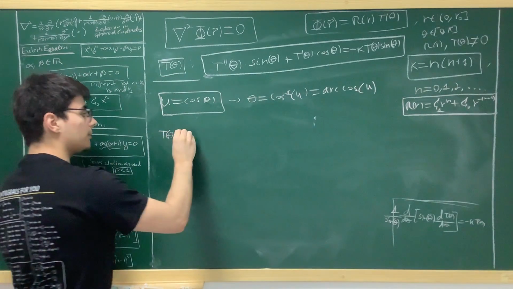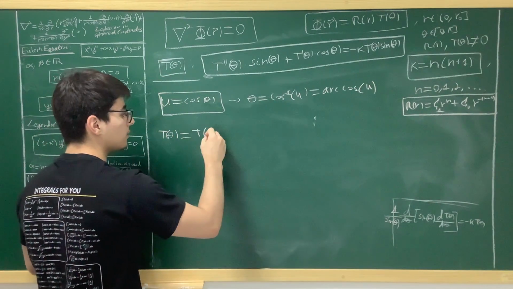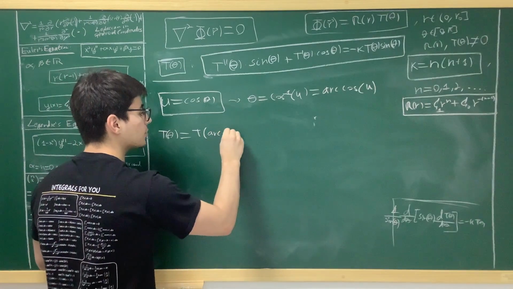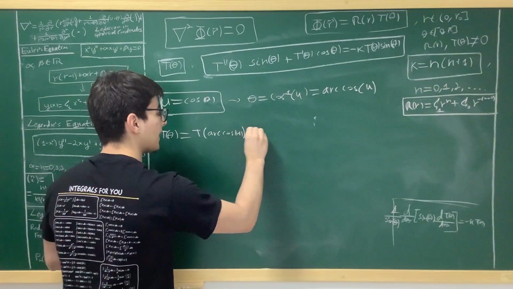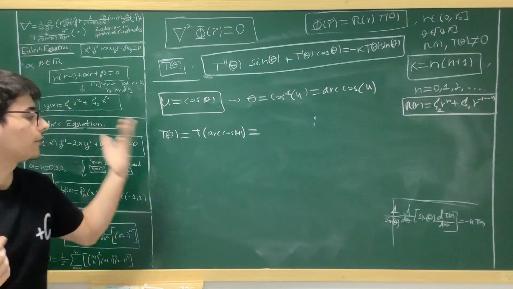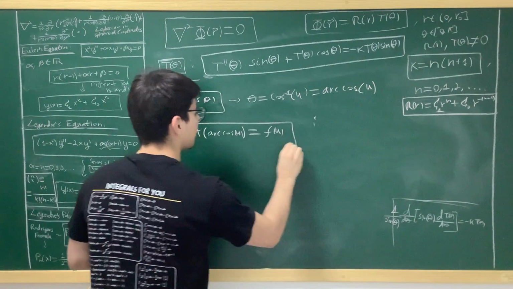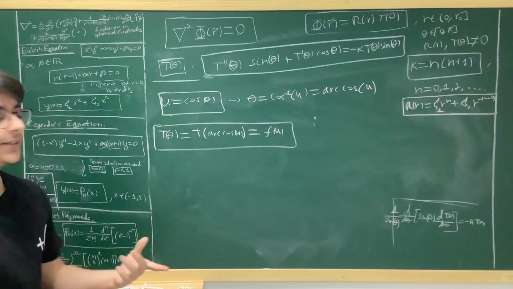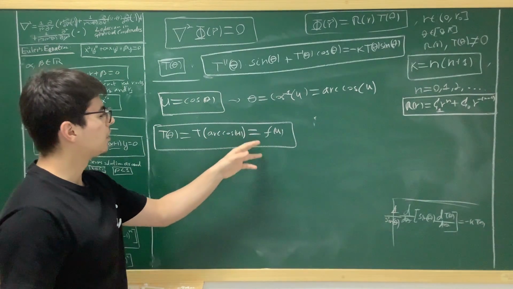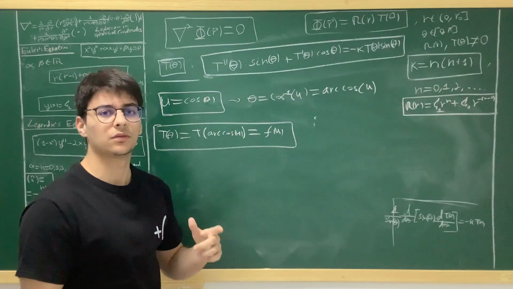So T of theta can actually be written as T of arc cosine of u. But this is a function of u. I'm going to just say that this is f of u. Just notice this: we have a function of theta, and by making this change of variables, we actually get another function of u. Okay?